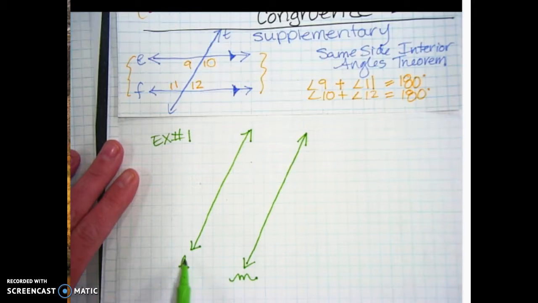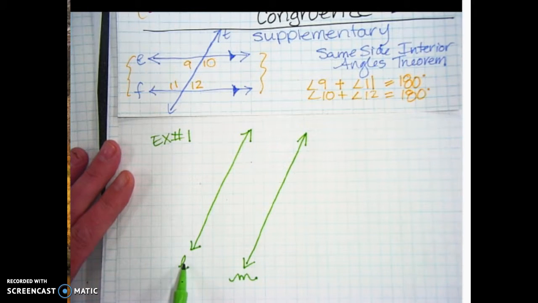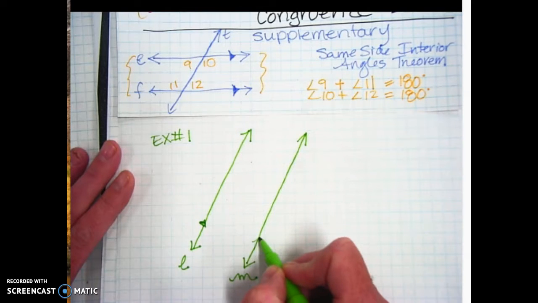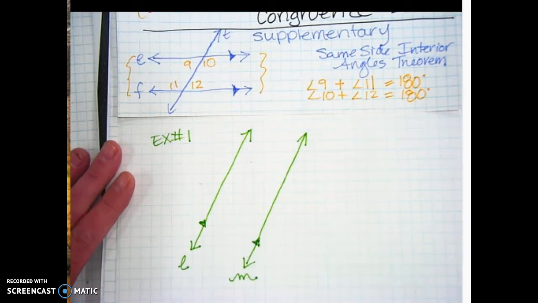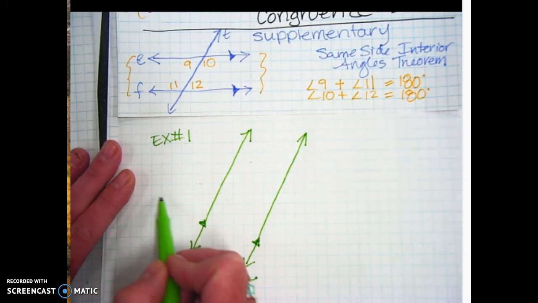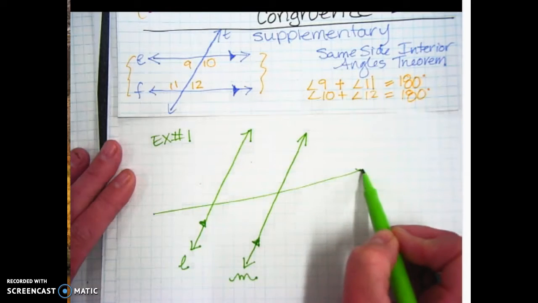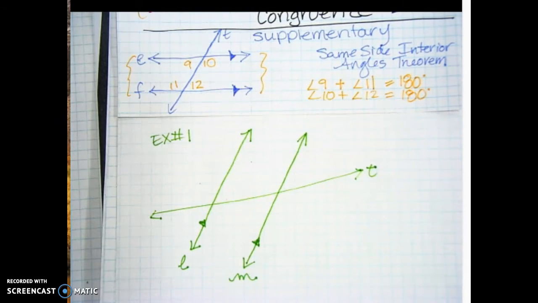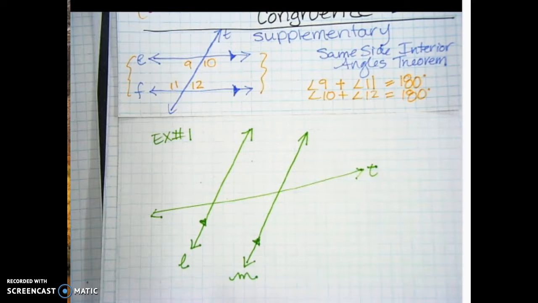Okay, so we've got 2 lines. We've got line L and line M. We're going to put this little caret on both of them to show that those lines are parallel to each other. That means our third line, we'll call it T for the transversal. And I'm going to number the angles.